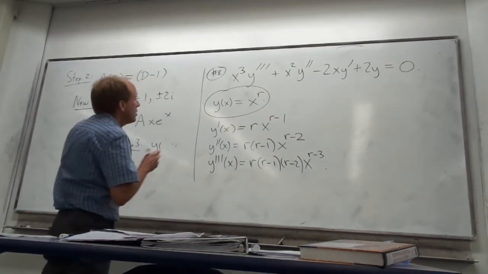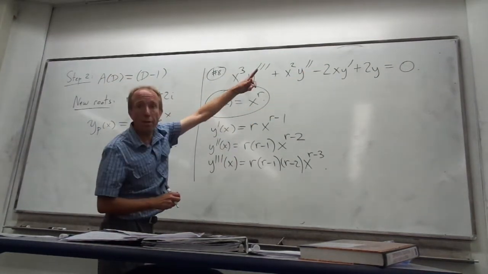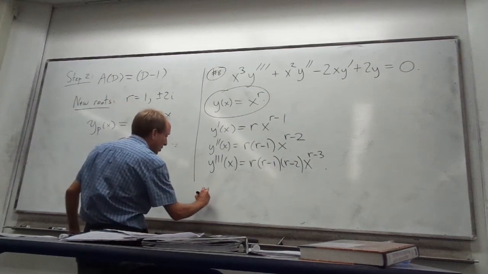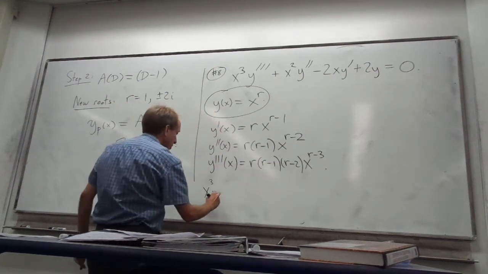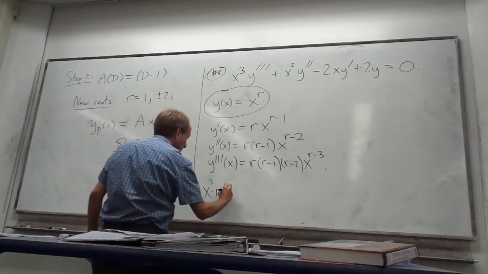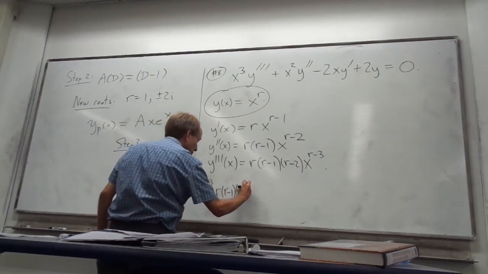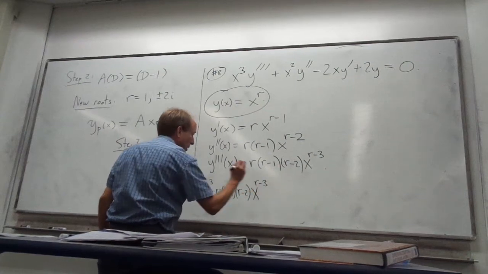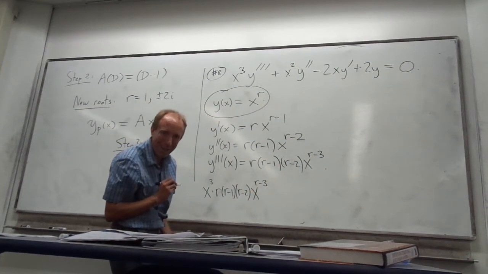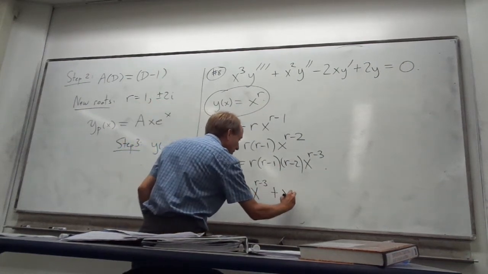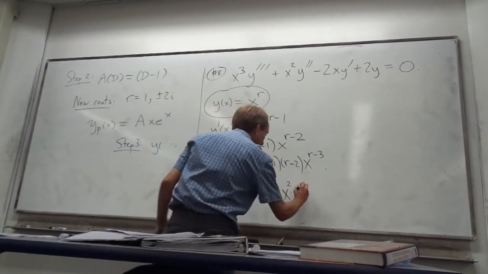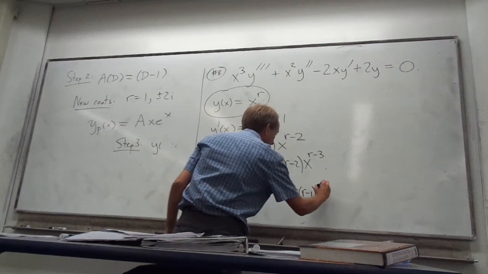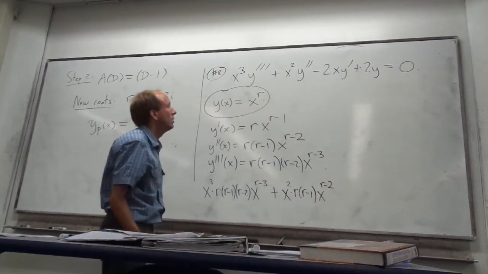Starting off with the top of the board, I have x cubed times the triple derivative. So, r times r minus 1, r minus 2, x to the r minus 3. That's the y triple prime. And then plus x squared times the y double prime, which is r times r minus 1, x to the r minus 2.